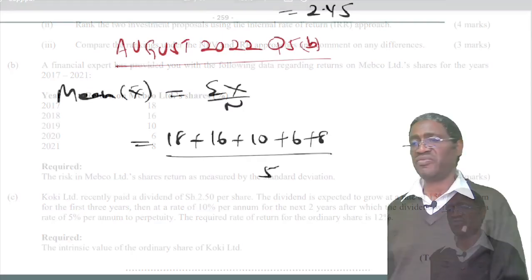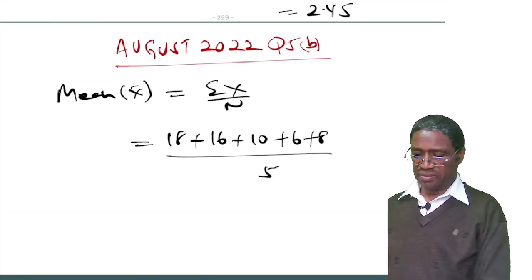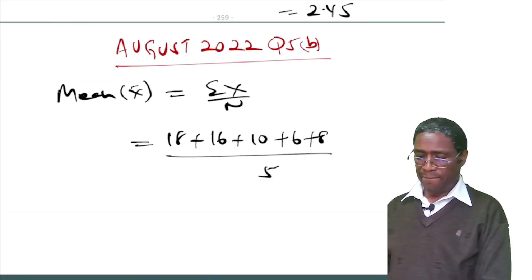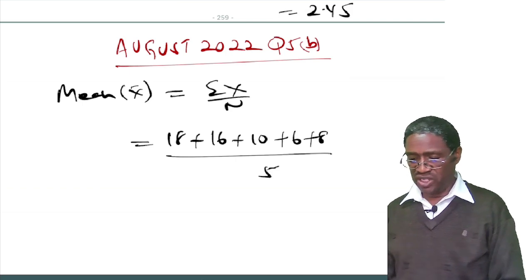What does it give us? So 18 plus 16 plus 10 plus 6 plus 8, that is 58.